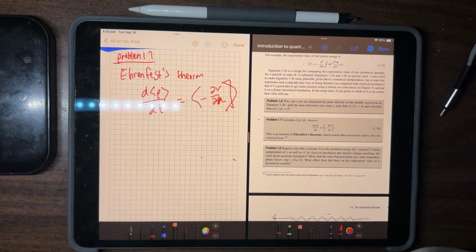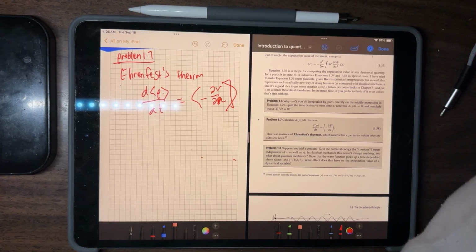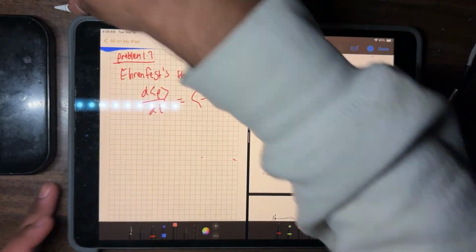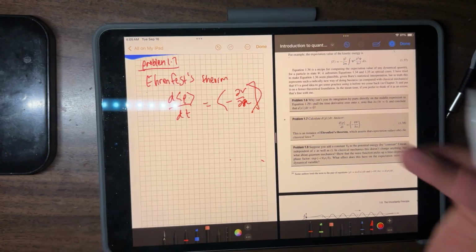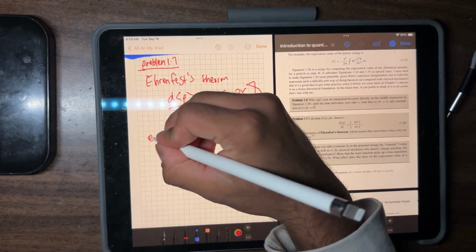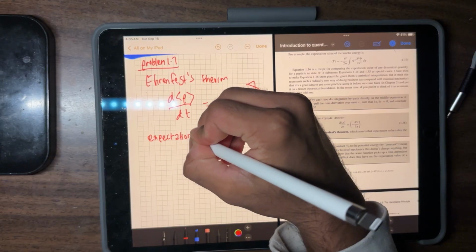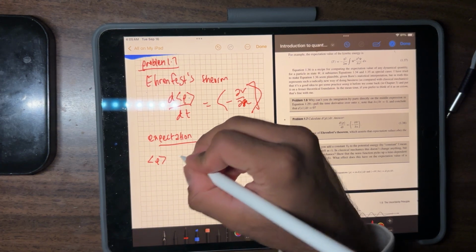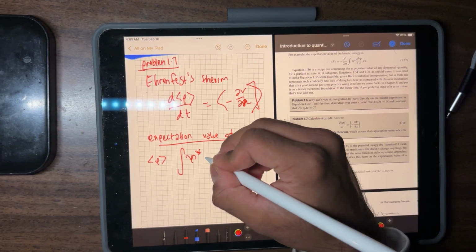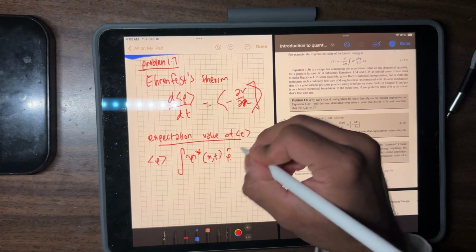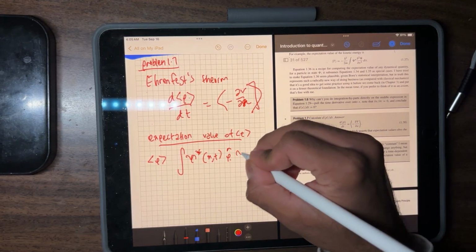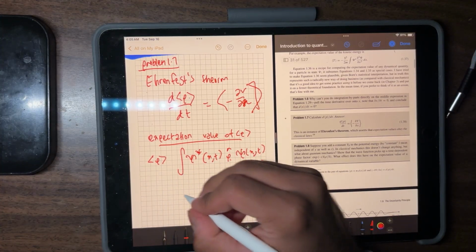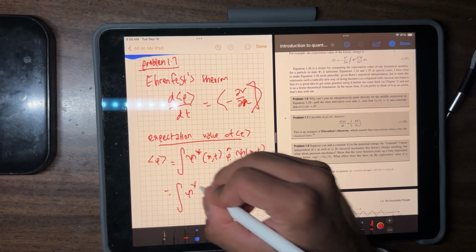Pretty slow. Expectation value of p. I know what the expectation value of p is. So the expectation value of p would be psi conjugate of x and t, operator p, and psi of x and t, which is simply psi conjugate.